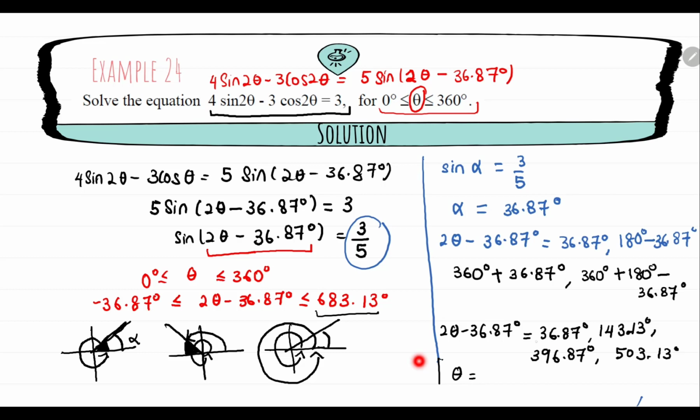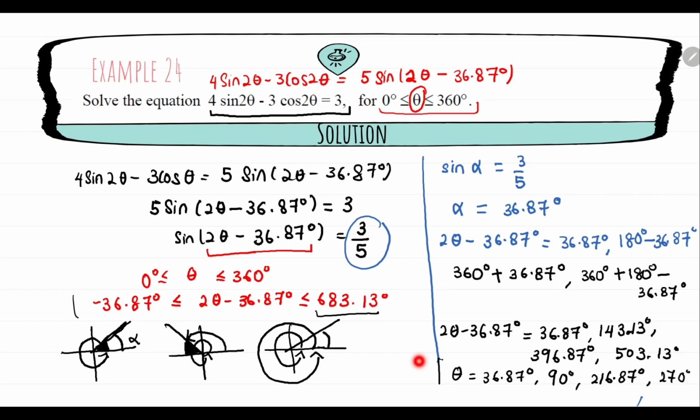So we add 36.87 to each and every angle and divide each by 2. For the first angle, the answer will be 36.87, followed by 90, followed by 216.87, and the last answer is 270.